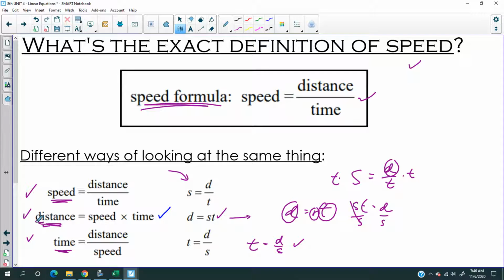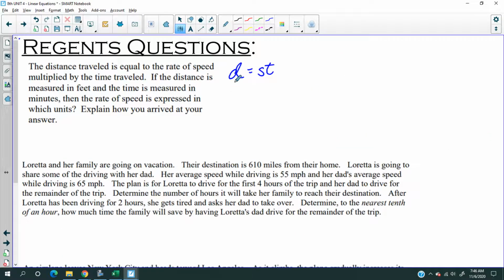Looking at this formula, how far you go depends on how fast you go for how long. I'll repeat: how far you go depends on how fast you go for how long. That makes sense.